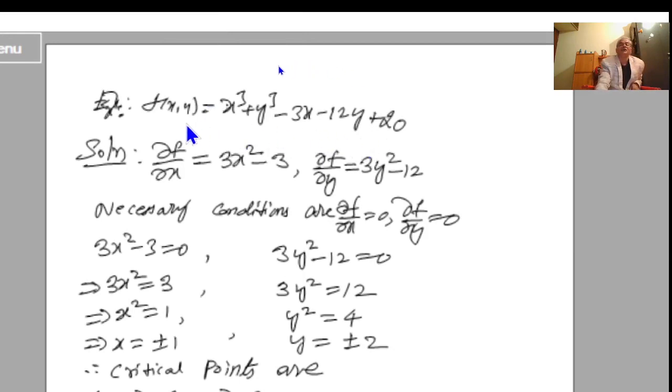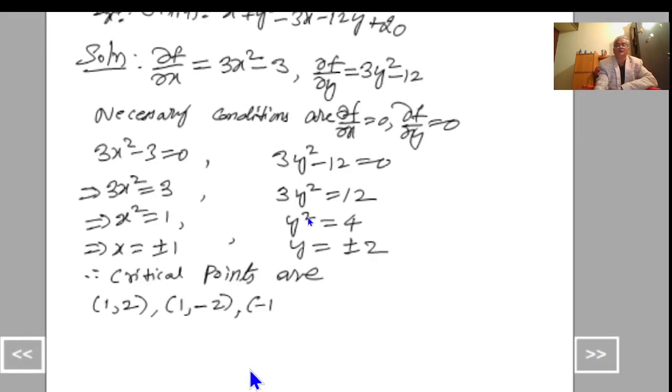So here we put x is equal to minus 1, y equal to minus 2. That is the maximum value of the function, right?